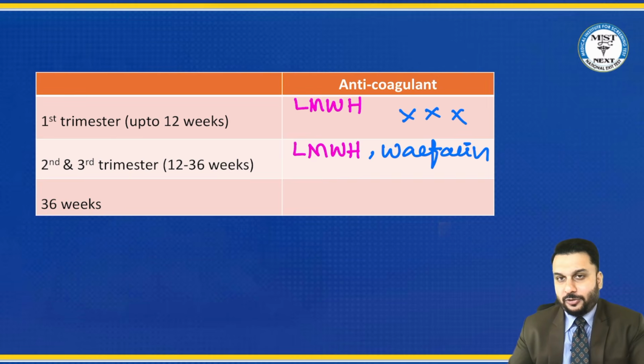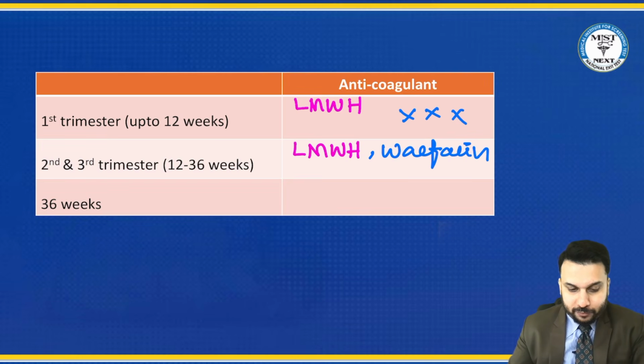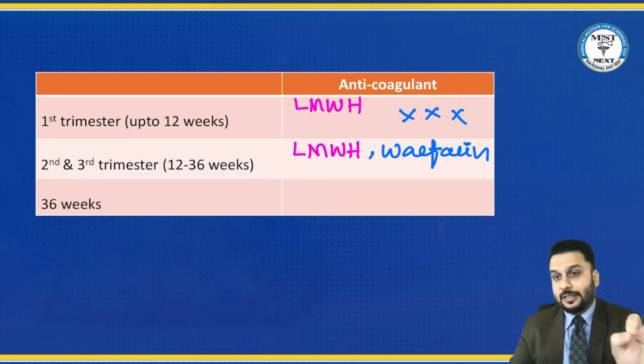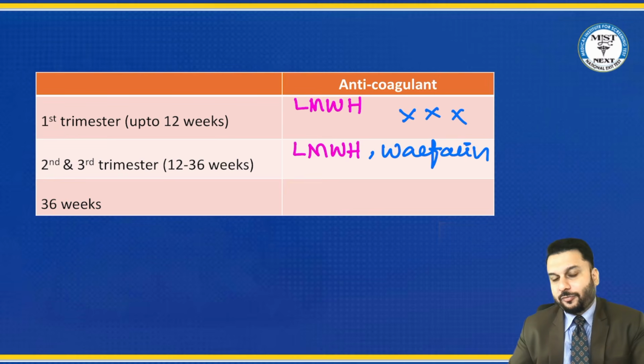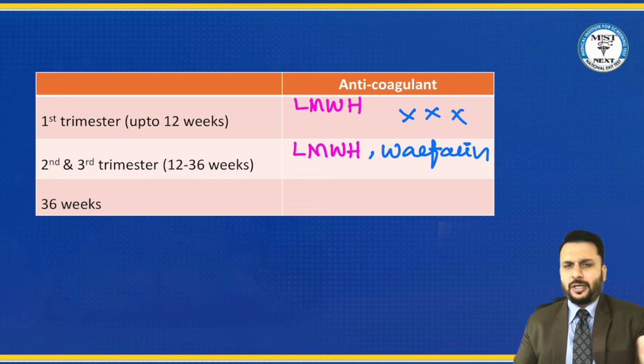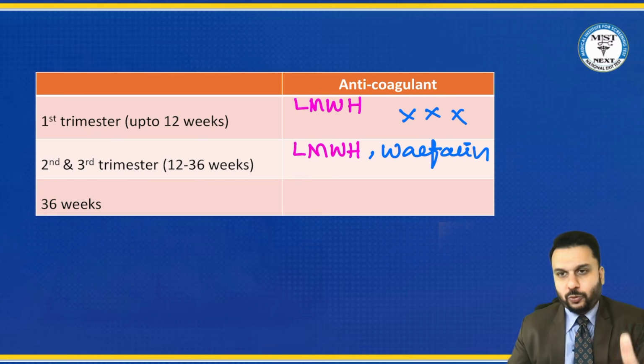And there is a clause that warfarin can only be given if the dose requirement is less than 5 mg per day. Then only I can continue warfarin in this patient. Otherwise, I'll have to give heparin anyway. But if you have to choose between the two, heparins are a better choice.